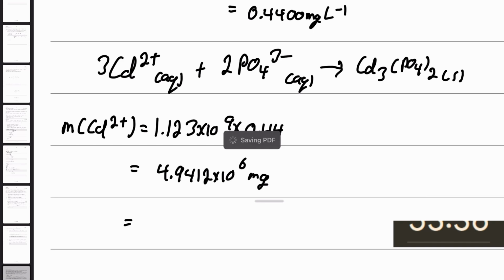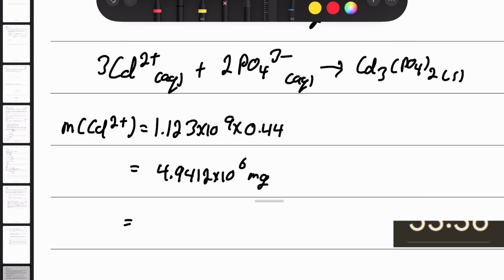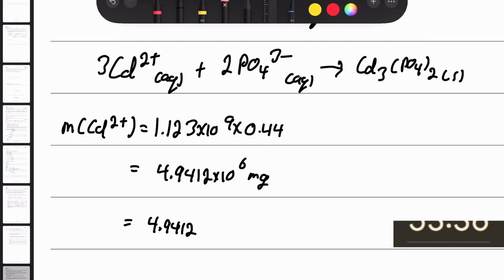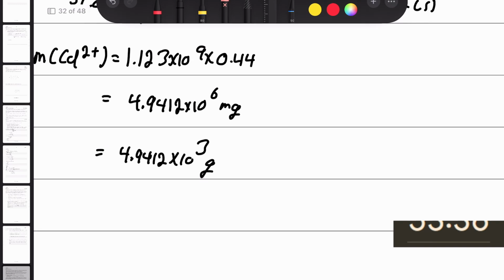So this is 4.9412 times 10 to the power of 3 grams, so I just have to divide that by 10 to the power of 3. 94.